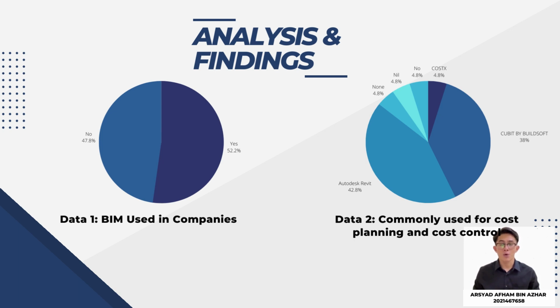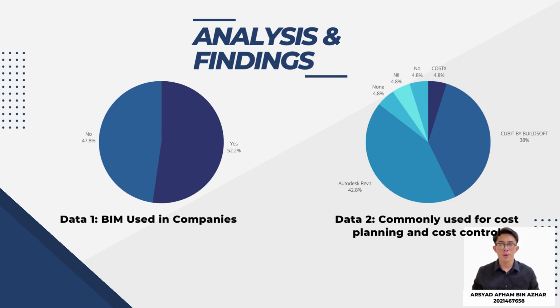As you can see in our slide, for the first data, which is BIM used in companies. For second data, BIM software technology that is commonly used for cost planning and cost control. For the data that has been gathered on what type of BIM software the company is using, for COSTEC, 4.8% of respondents are expert using it.